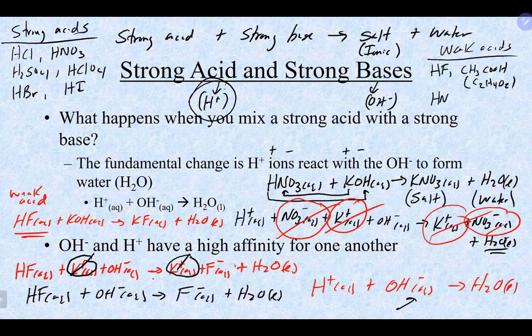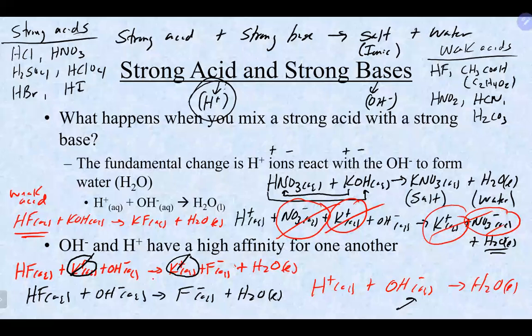Nitrous acid, HCN, carbonic acid. So those are some weak acids, but I would say probably the easier move is to really understand which ones are definitely strong acids. And like I said, probably 9 times out of 10 or even higher, you'll be in good shape. It's probably safe to assume that it's a weak acid at that point. Other questions on that?